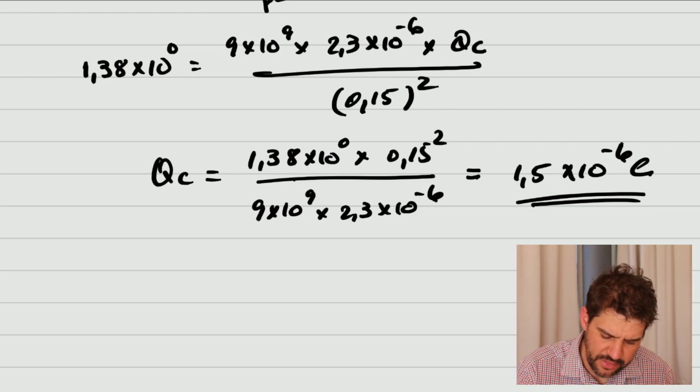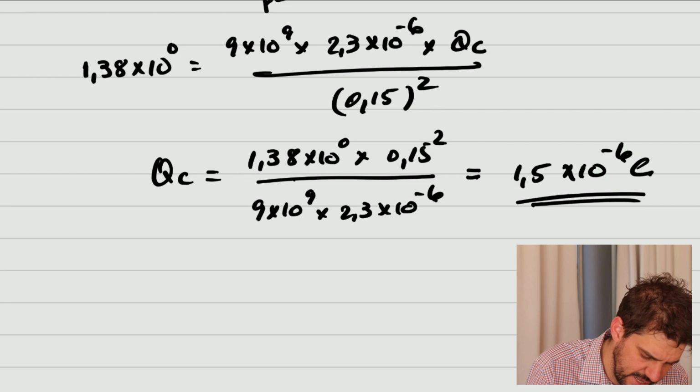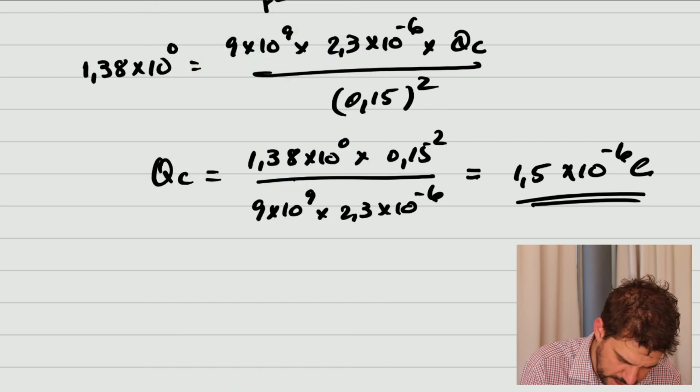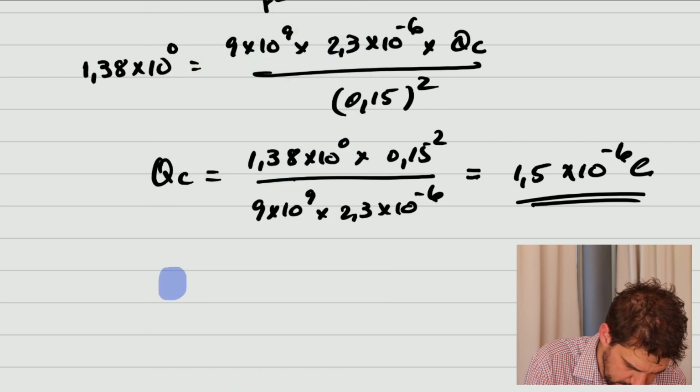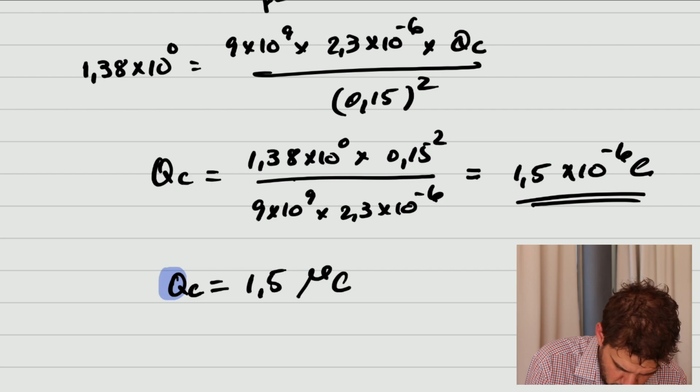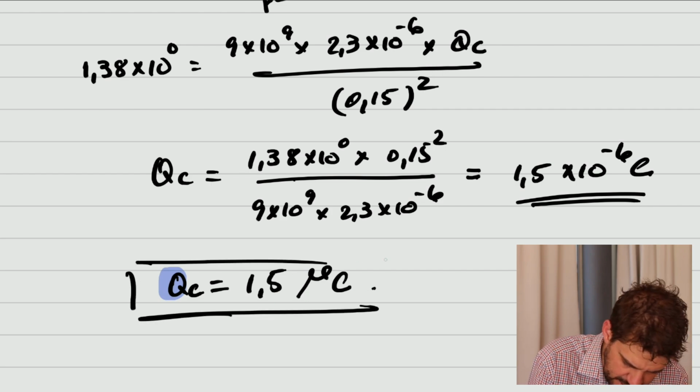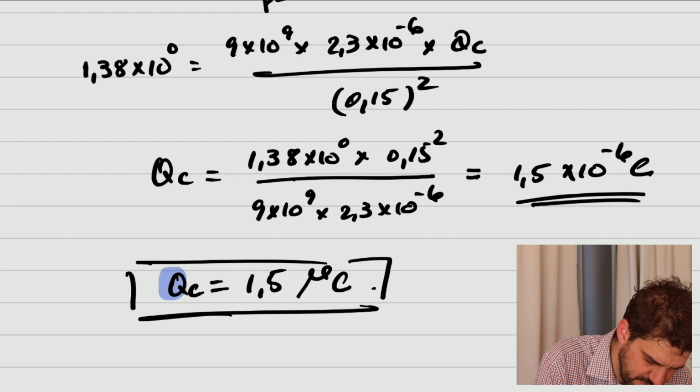You remove the 10 to the minus 6. So the final answer for this question is that charge C is equal to 1,5 microcoulombs. This is the final answer for this specific question.